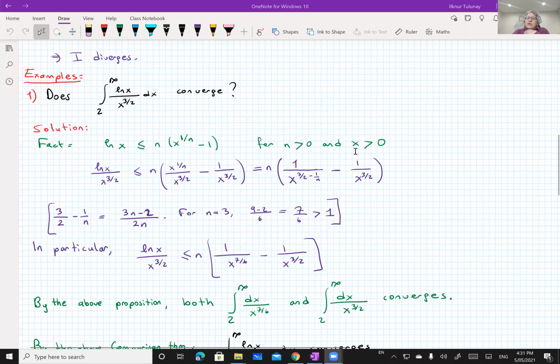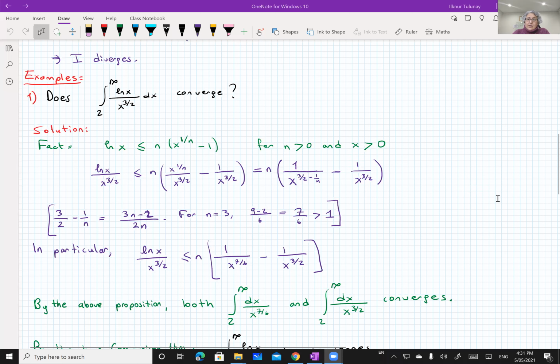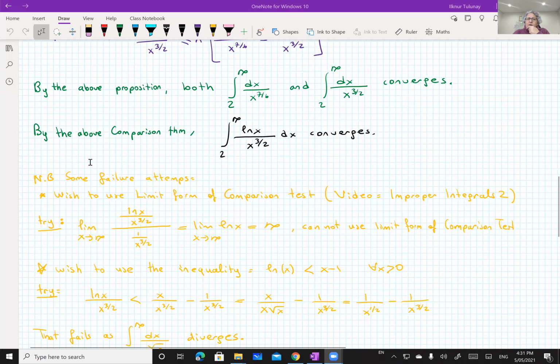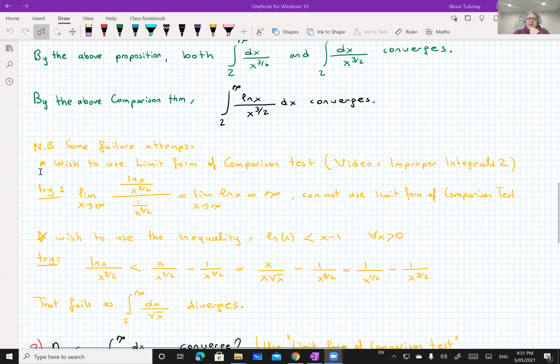This is not a very straightforward example, so you can have many different failed attempts as well. For example, if you wish to use the limit form of the comparison theorem, that is in my video on improper integrals 2.